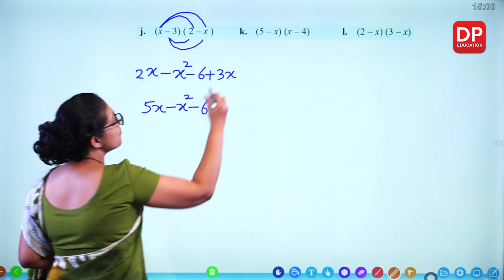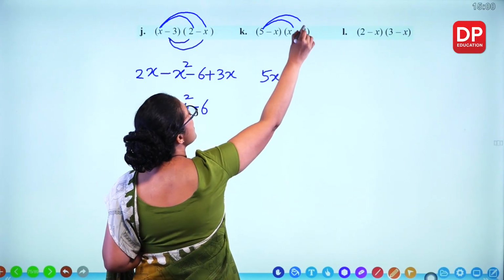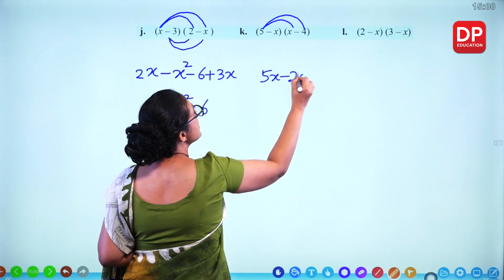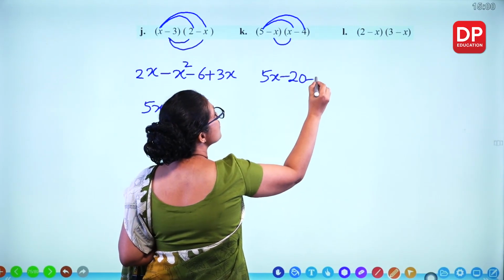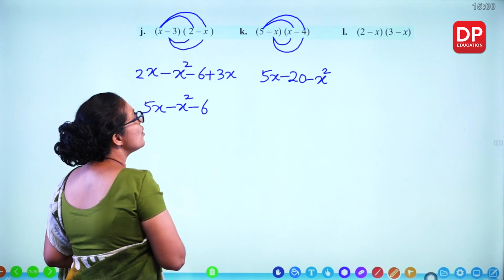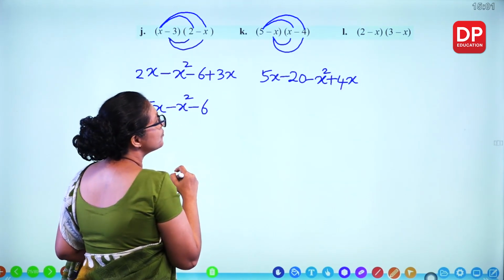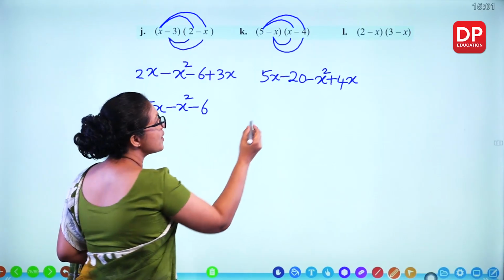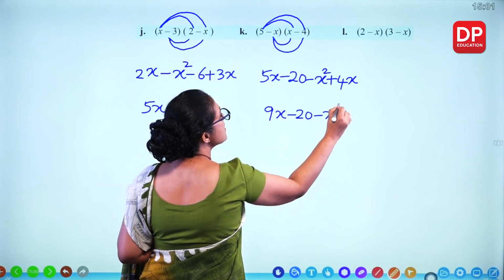This one, 5 times x, 5x. 5 times minus 4, minus 20. Minus x times x, minus x squared. And minus x times minus 4, you get plus 4x. So 5x and 4x, you get 9x minus 20 minus x squared.